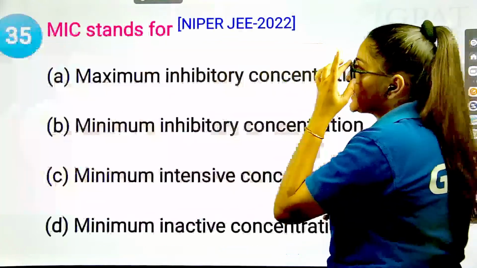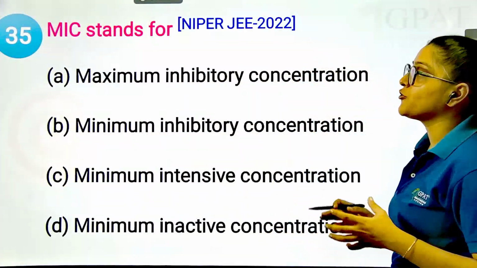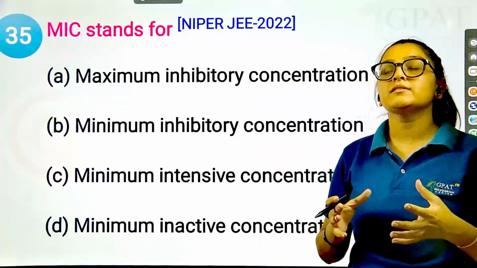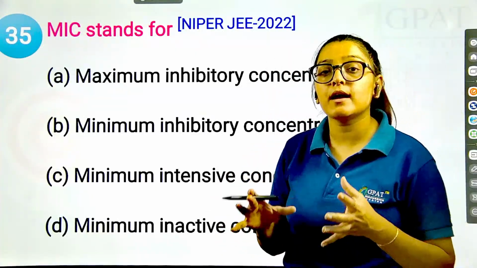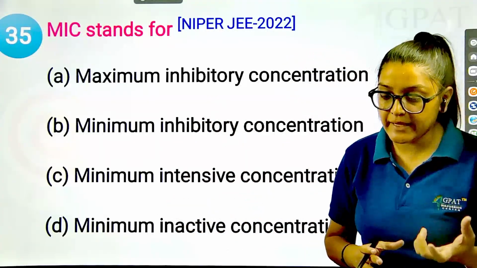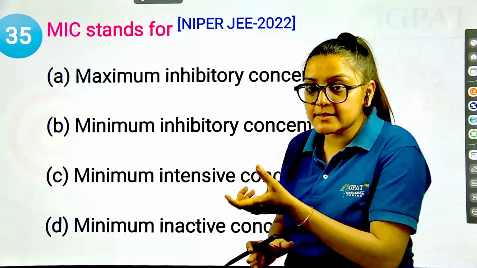Okay. Next question. MIC stands for, MIC, where have you heard about this? Once you were talking about the actual drug exposure into the body, MIC stands for the minimum inhibitory concentration.